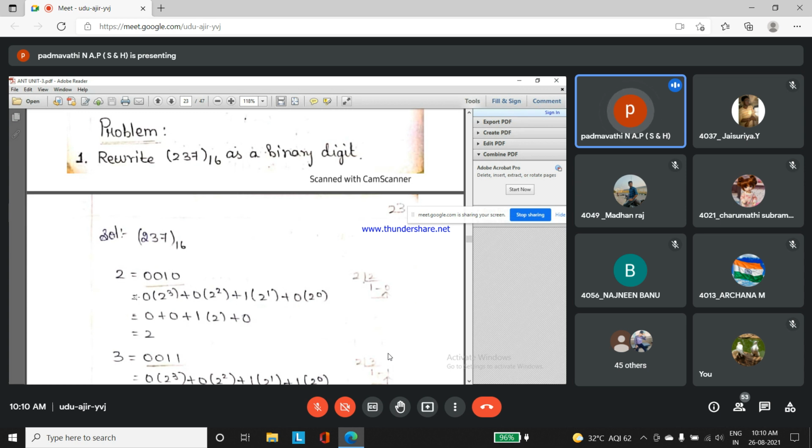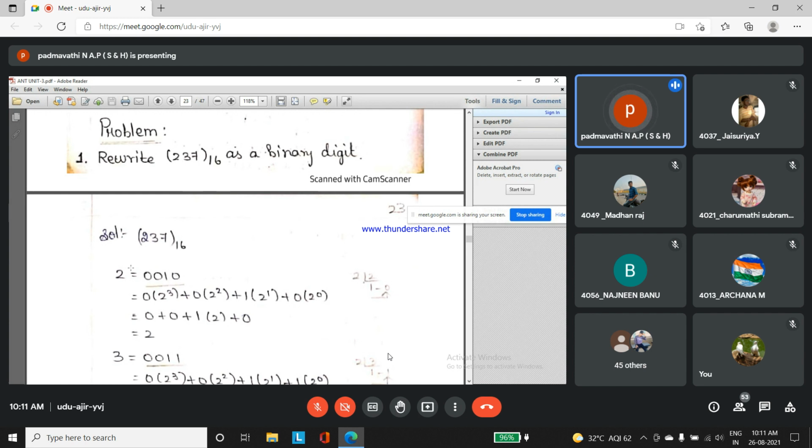How can we find the binary number? The base must be 2. First take the first digit, 2. Since it is hexadecimal, we have to consider it a 4 digit binary.